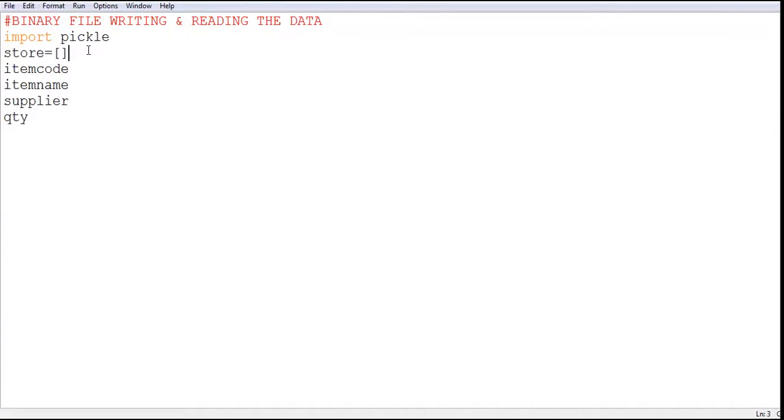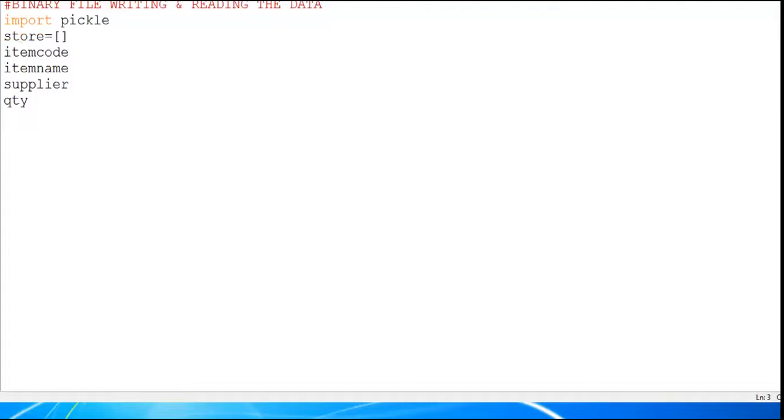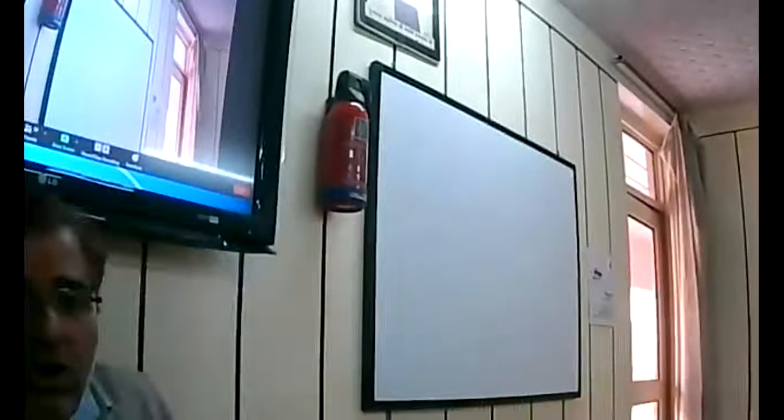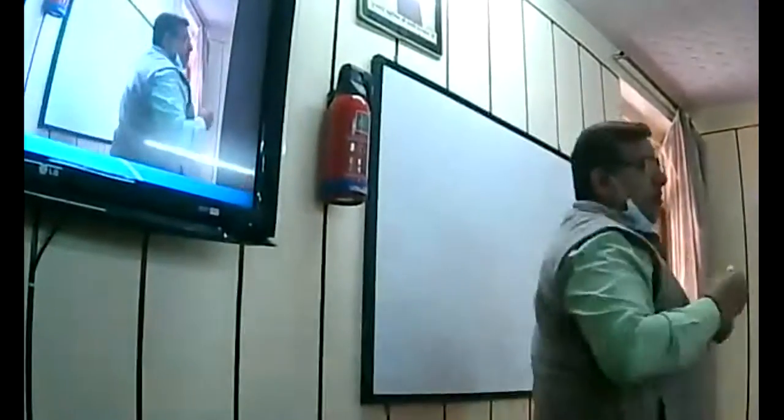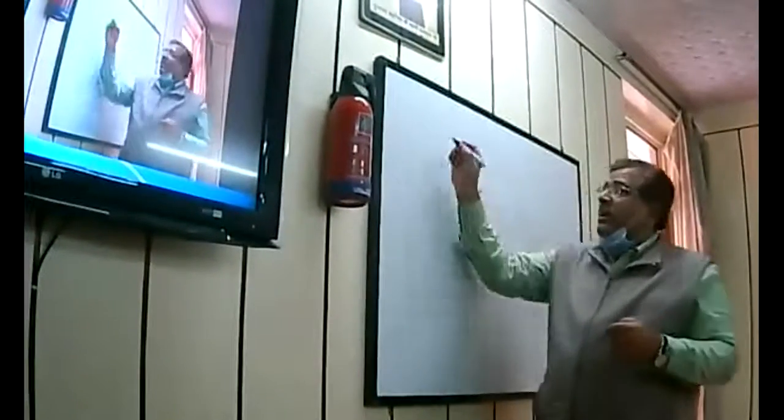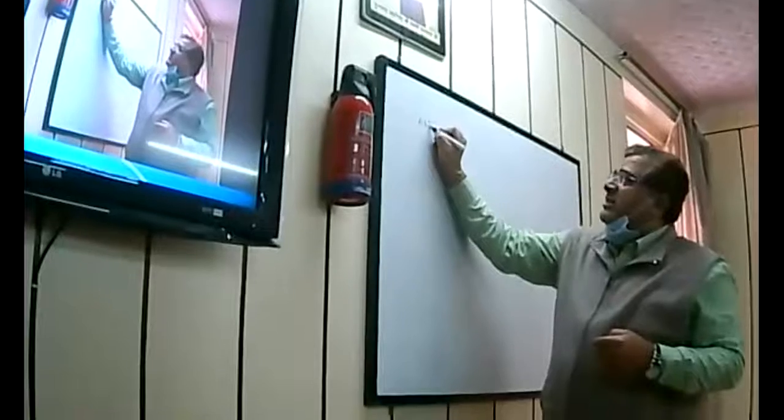For this, I tell you one point. I just turn the view of the camera. What actually do we do when we take a binary file via list?